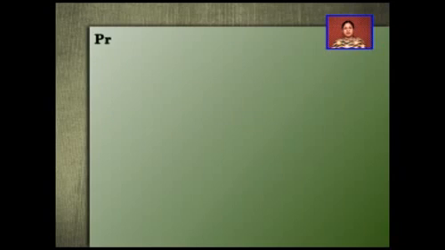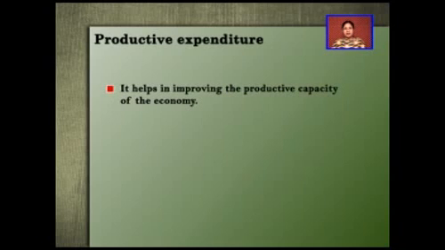Next type of expenditure is the productive expenditure. Productive expenditure is that which is made by the government to improve the productive capacity of the country. It is generally made on the establishment of factories so that production can be improved as well as employment can be provided to the people in various sectors. Secondly, education.